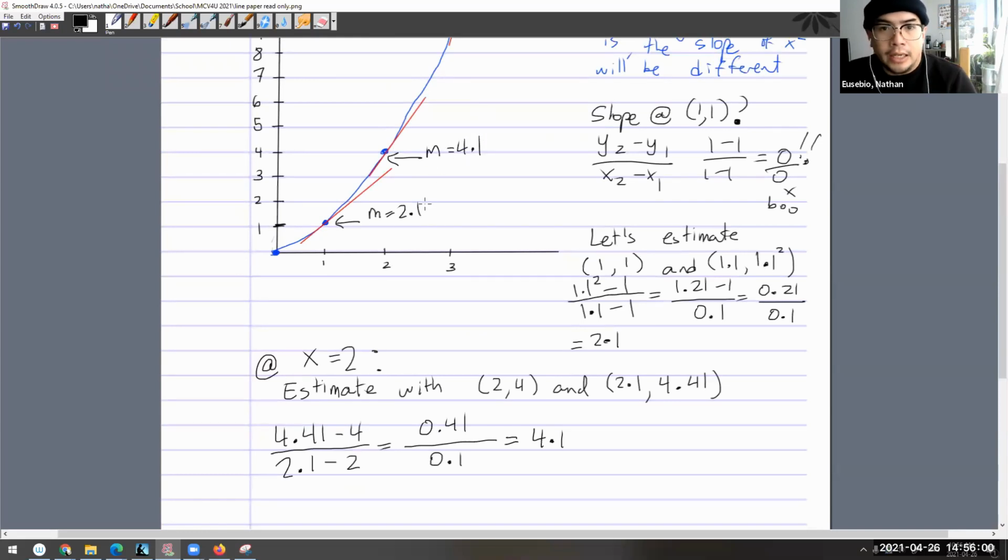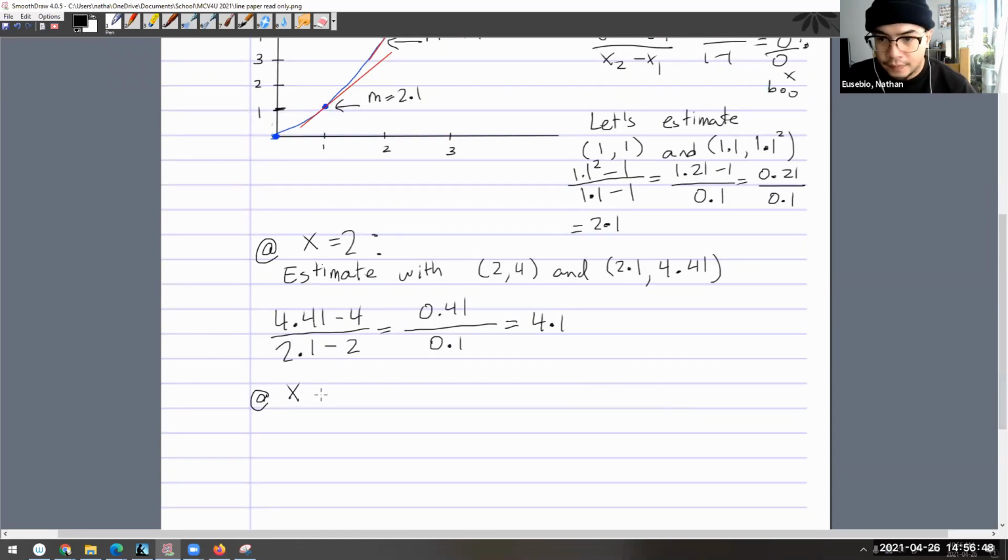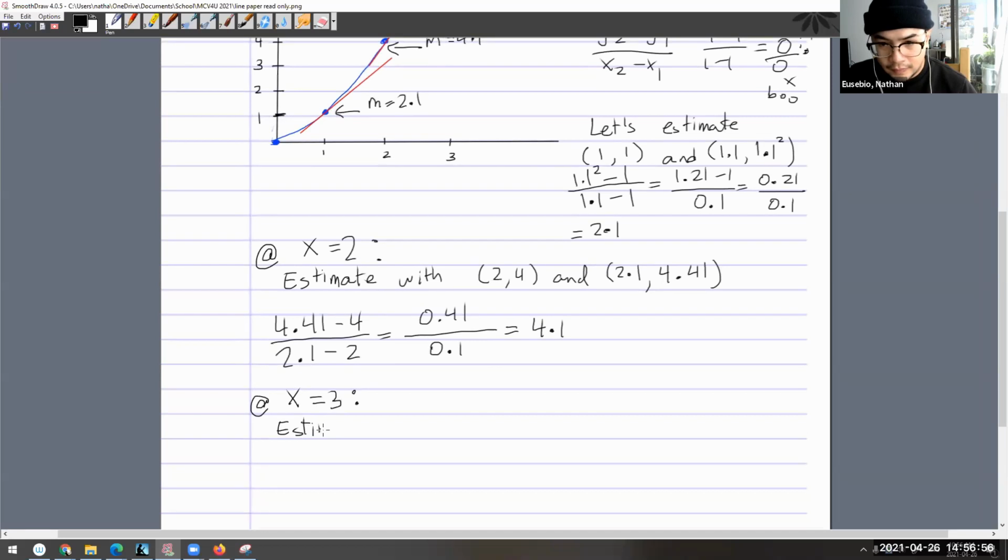Are we seeing a pattern? Are we not? I don't know, right? Two points is too early to tell, but it looks like this is roughly double of that one. We can go one more. Let's see, 3 and 9, right?